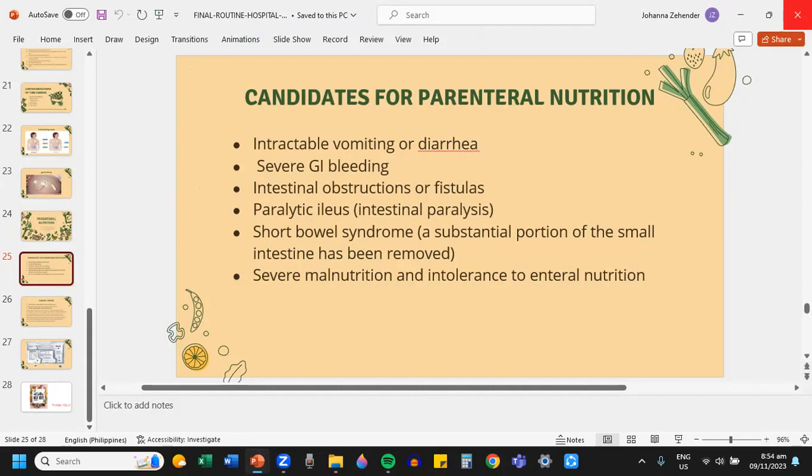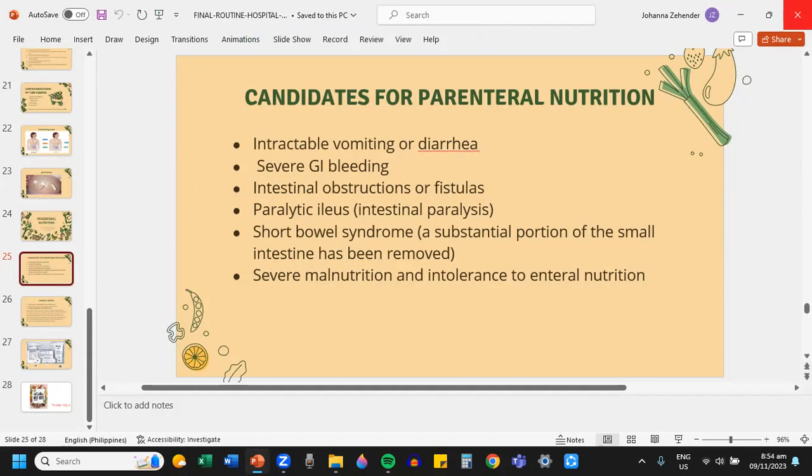So even if you give them food, there is an inability of the patient's GI tract to push through with the normal process of digestion and absorption.